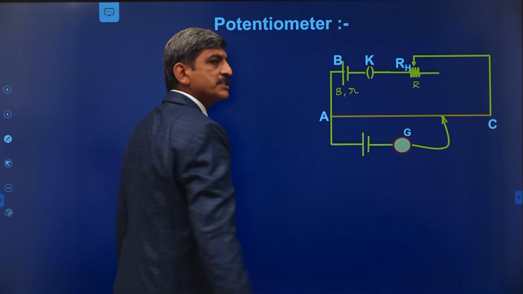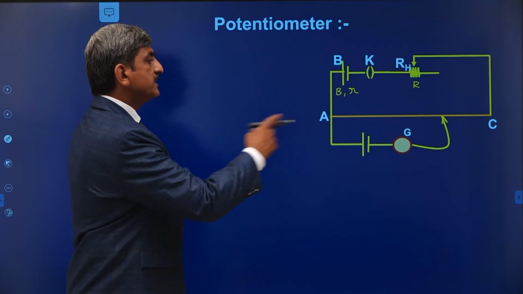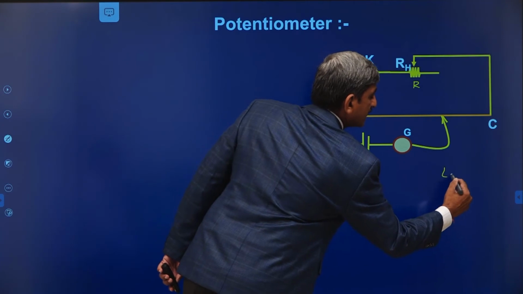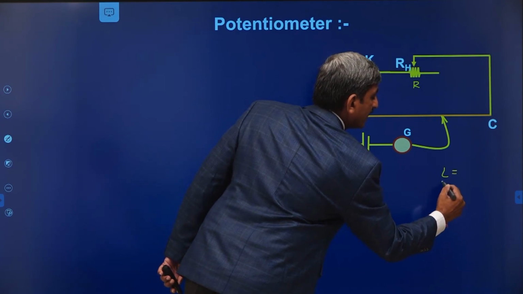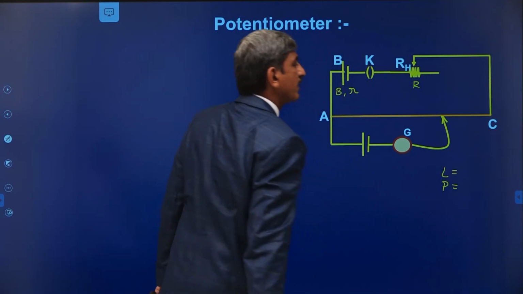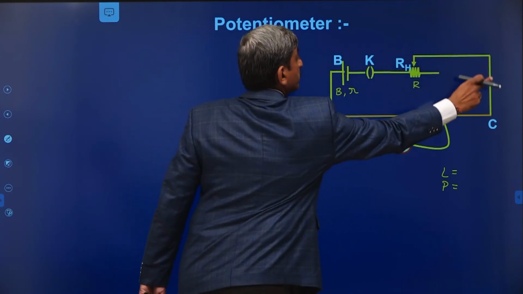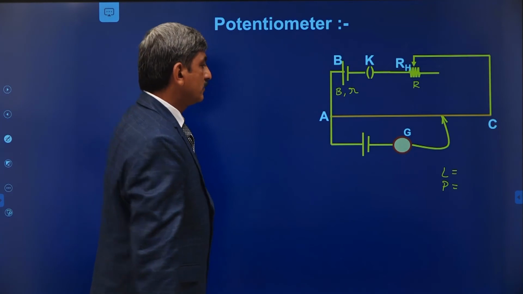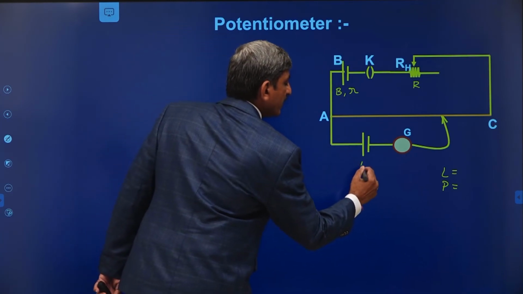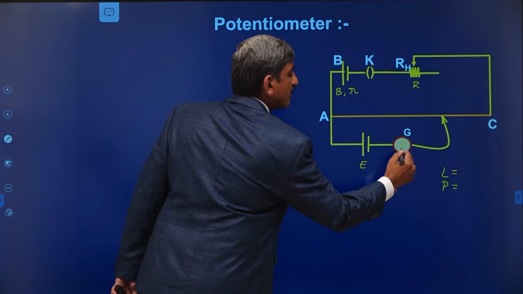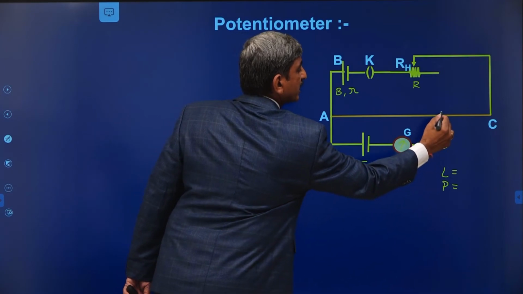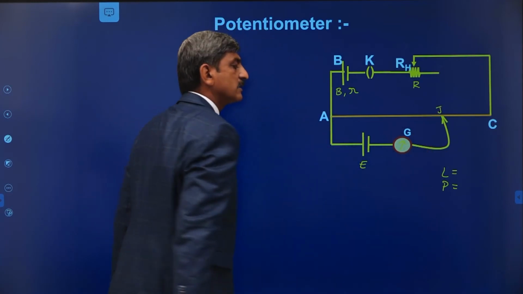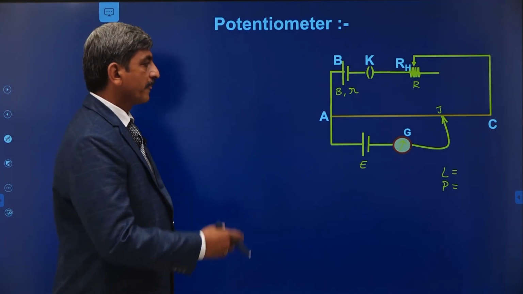A rheostat of resistance R is connected in series with the potentiometer wire. Let L be the length of the potentiometer wire and P the resistance of the potentiometer wire. This part of the circuit is called the primary circuit. Now, a battery of EMF E in series with a galvanometer and jockey are connected as shown in the circuit. This part is called the secondary circuit.